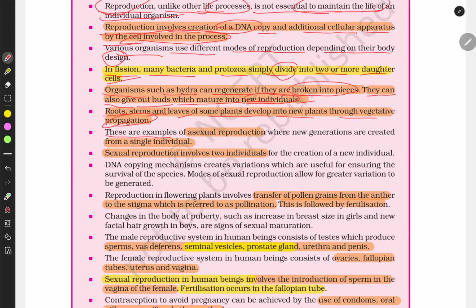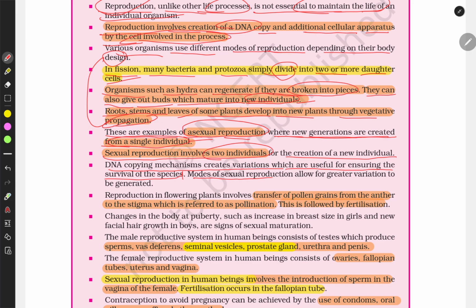These are the examples of asexual reproduction, where new individuals are created from a single individual. And sexual reproduction involves two individuals for the creation of a new individual. The DNA copy mechanism creates variations which are useful for ensuring the survival of the species.